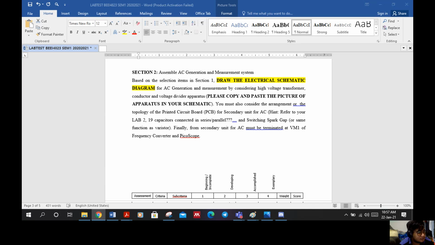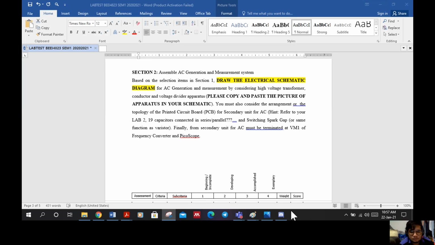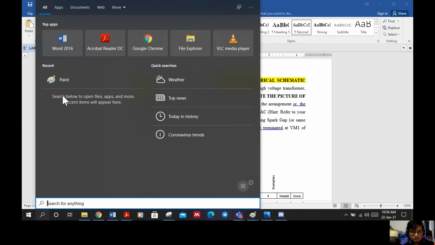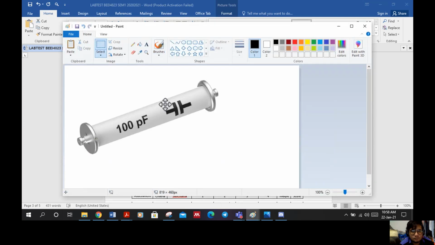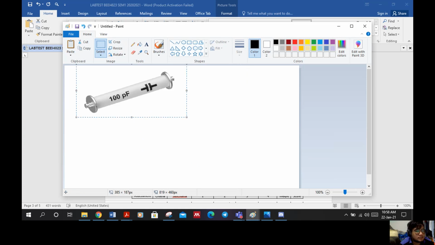This one is, this is the charging resistor.